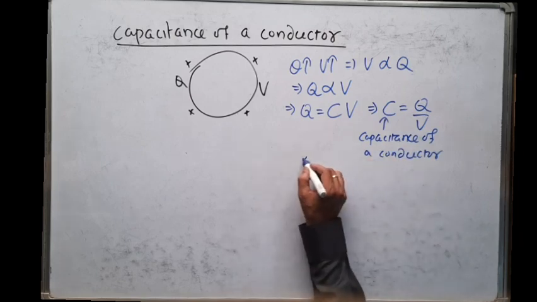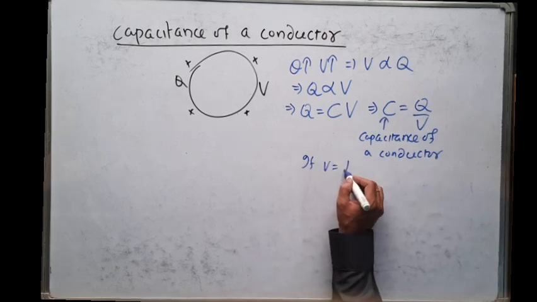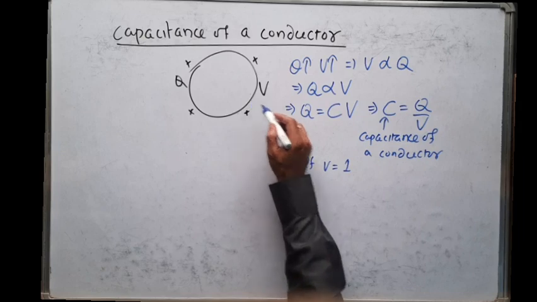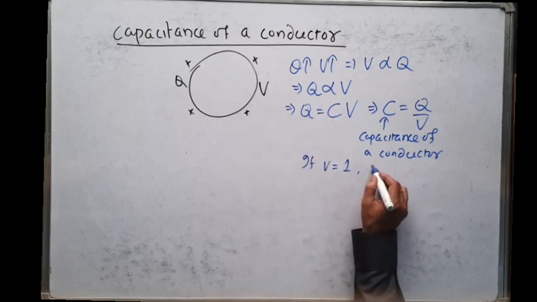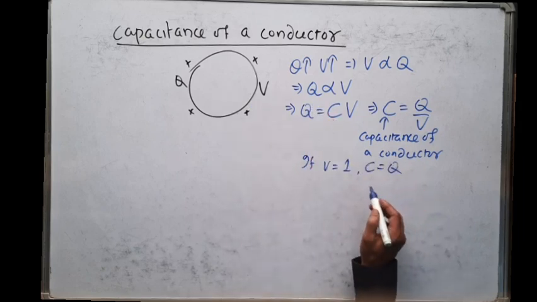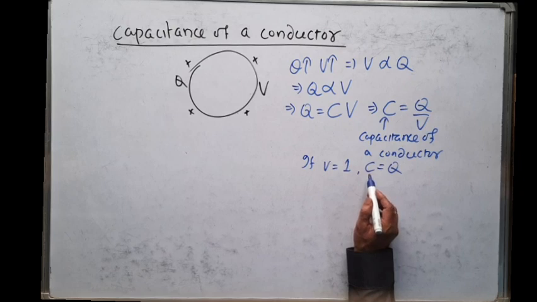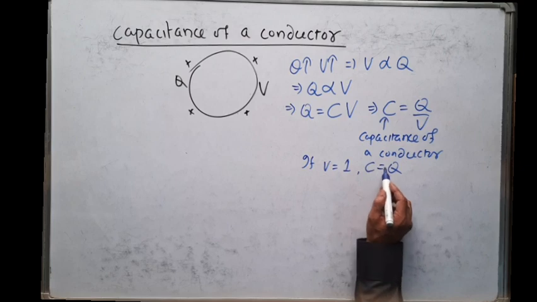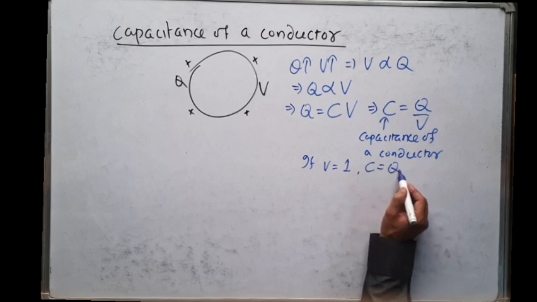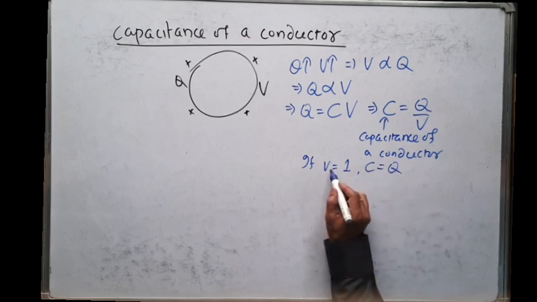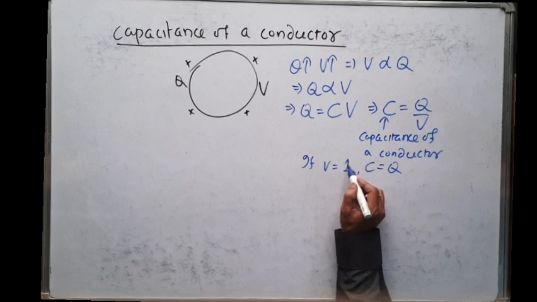If V is equal to 1, that is, if the potential difference between the conductor and earth is 1, then C is equal to Q. So we can define capacitance as the amount of charge required to raise the unit potential difference between the conductor and earth.